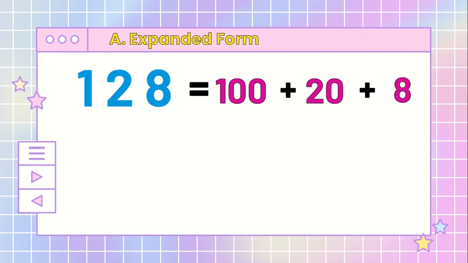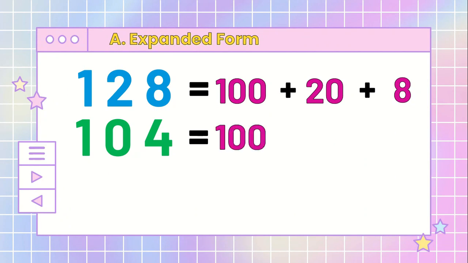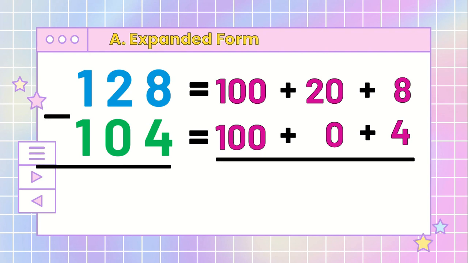The next one is 104. We have to expand the 104: 100 plus 0 plus 4. That is how we expand the numbers 128 and 104. Now we can subtract them.